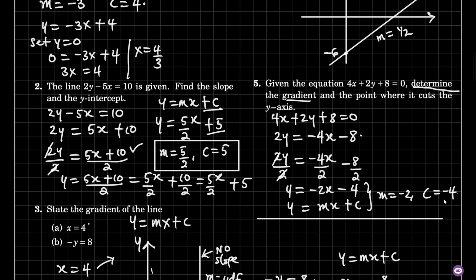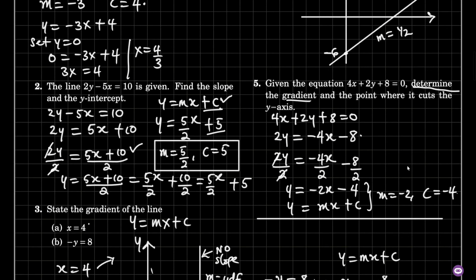more specific, that is, if we want to try to write it in form of a coordinate, then this c equals minus 4, since it is on the y-axis. Don't forget that in this equation y equals mx plus c, the c here, which is the intercept, is working just for the y-intercept.